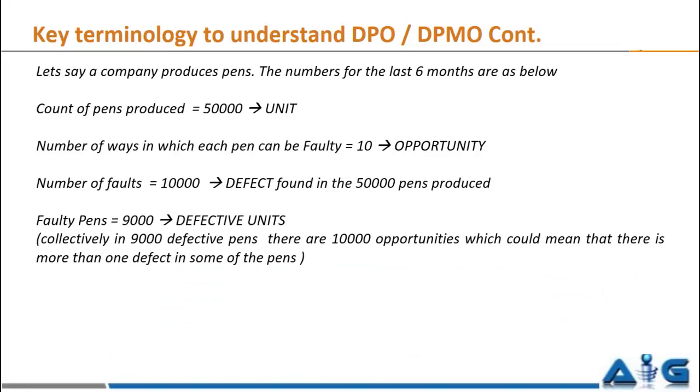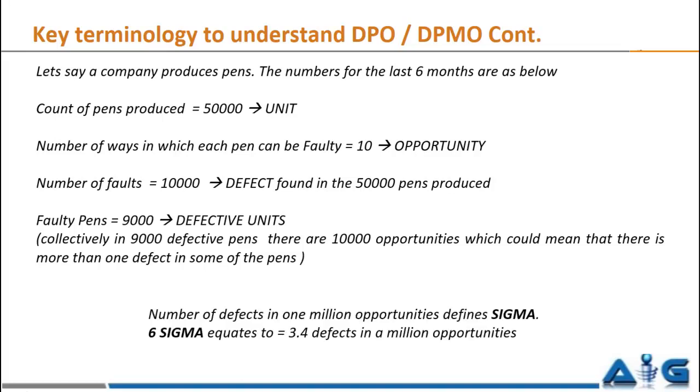Collectively, in 9,000 defective pens, there are 10,000 defects, which could mean that there is more than one defect in some of the pens. So the number of defects in 1 million opportunities defines sigma, and 6 sigma would mean 3.4 defects in a million opportunities.